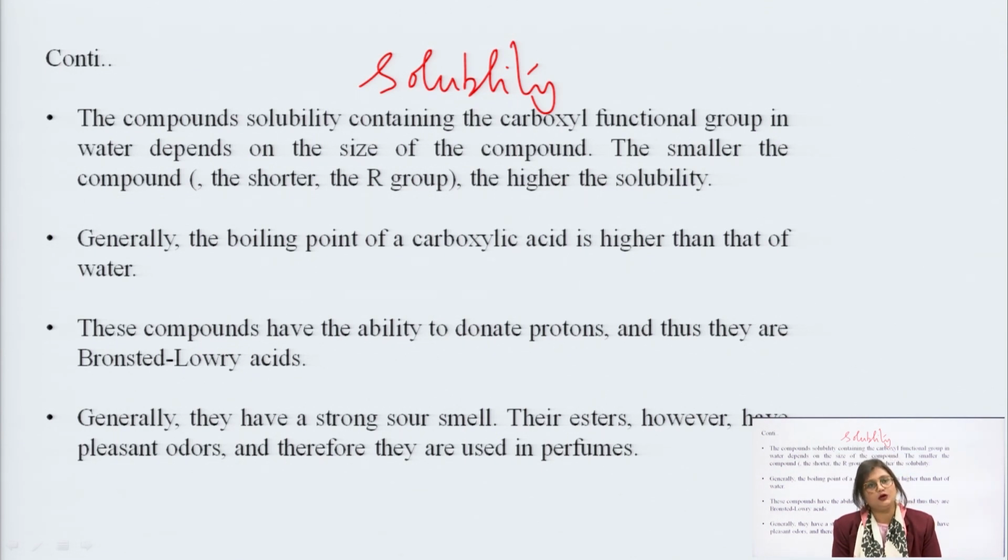The smaller the compound or the shorter the alkyl group, the higher the solubility. Alkyl groups are non-polar, so higher alkyl groups increase the carbon chain, due to which solubility decreases. So, depending upon the length of the alkyl chain, solubility varies. The shorter the alkyl chain, the higher the solubility. The longer the alkyl chain, the lower the solubility.